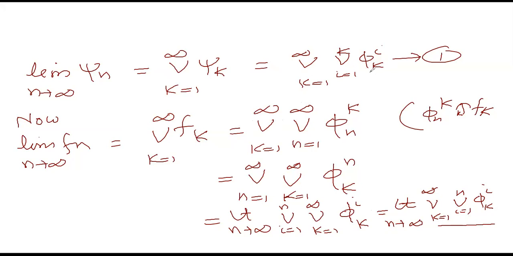It's again here i runs from 1 to k, psi k, k runs from 1 to infinity, but that psi k is equal to i runs from 1 to k.